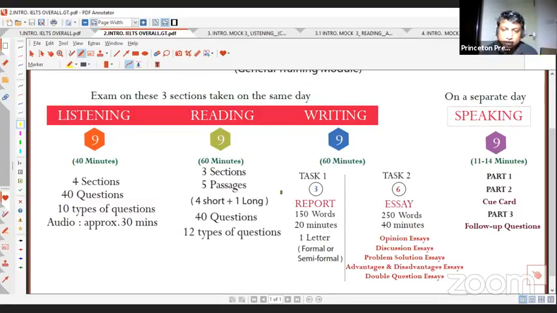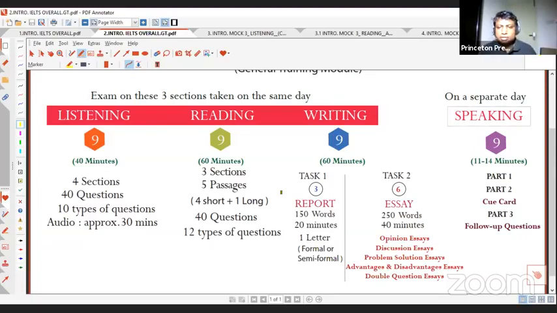It's a letter, and for general training, they will suggest you spend 20 minutes on a letter, while in the academic version, you're expected to write a report on a chart.